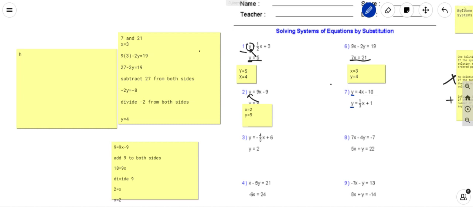What can we do here? We would take this part of the equation and this part of the equation, and they would equal each other because they both equal y.